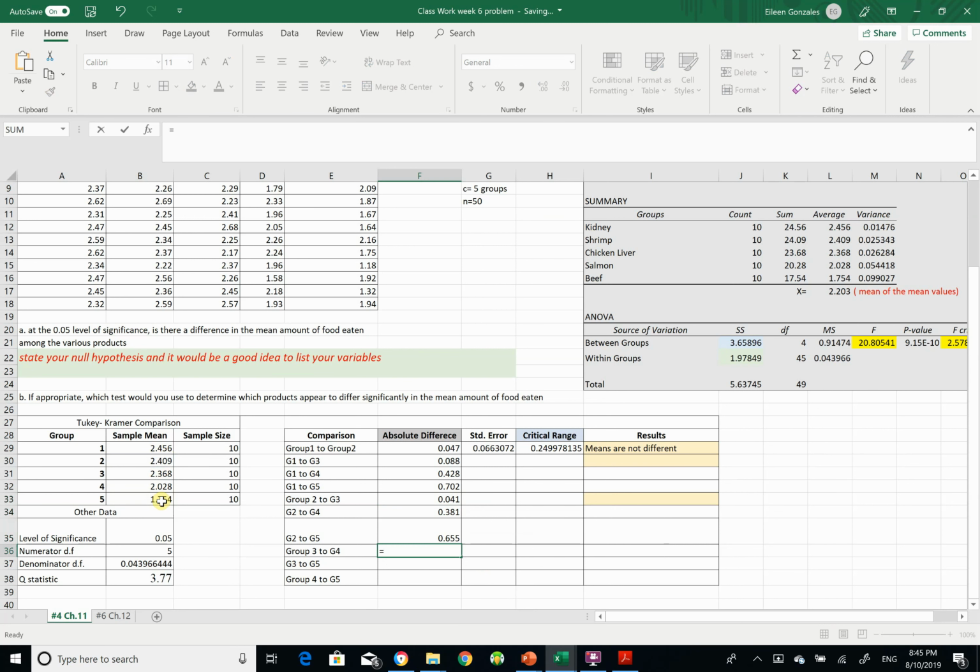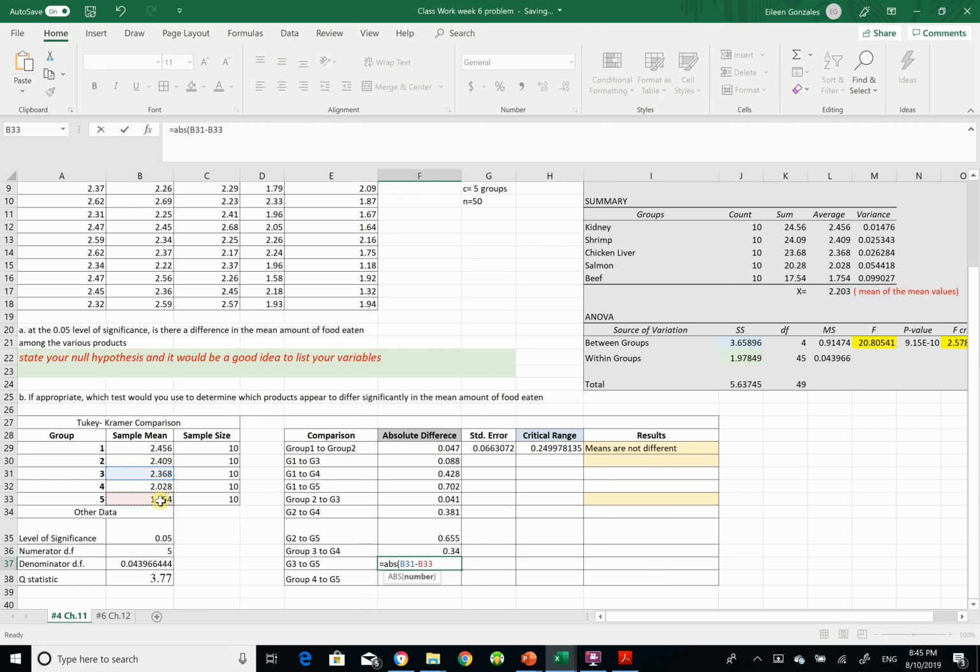This is equal to the absolute value of group 3 minus group 4. This is equal to the absolute value of group 3 minus group 5.